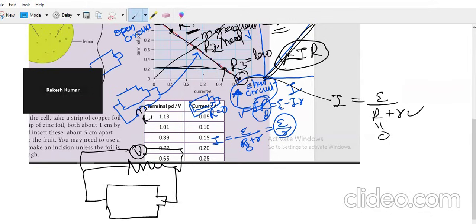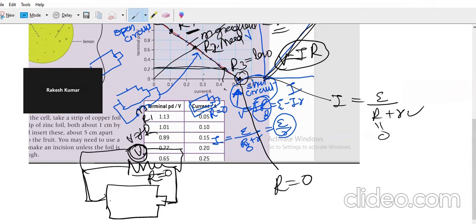If R is zero here, then across the terminal you are getting zero, because V is equal to IR and R is zero. So this voltmeter will read zero.